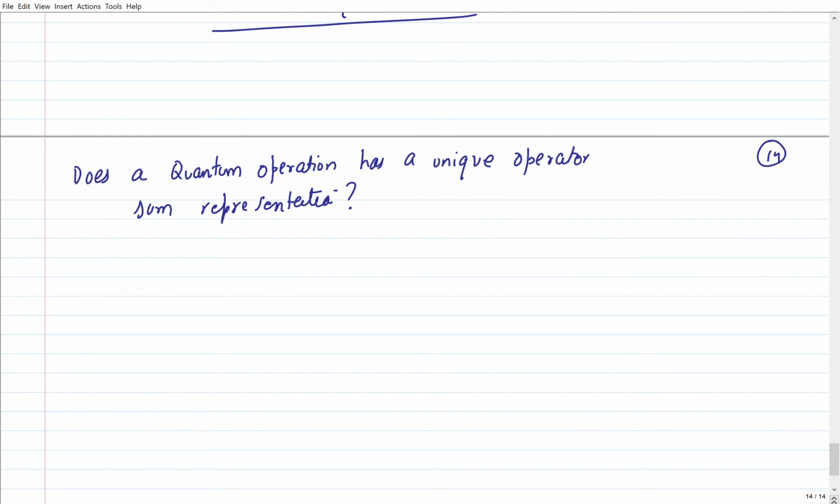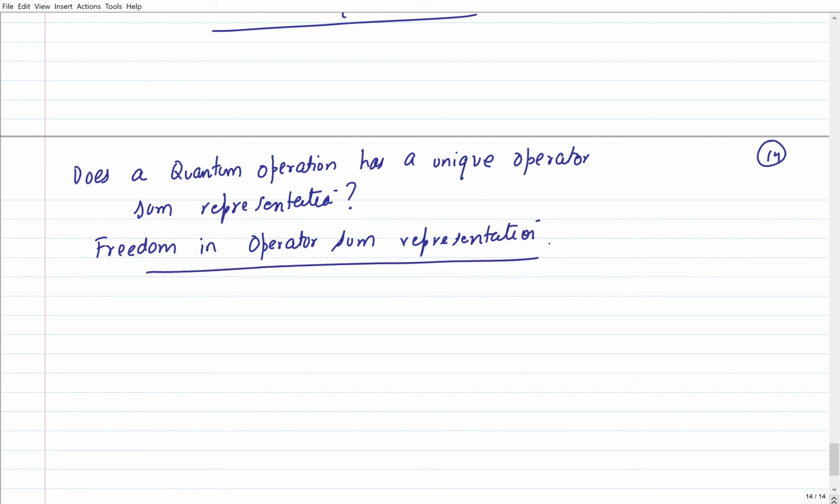Or one can paraphrase this question also as: freedom in operator sum representation. Think about it.